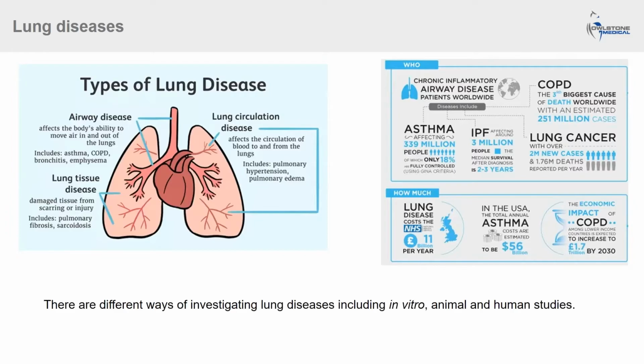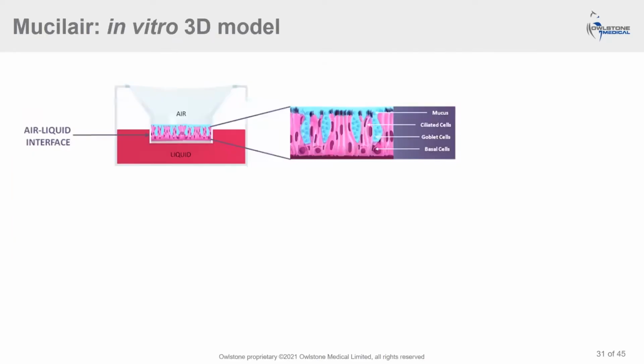The ways we can investigate lung diseases are, of course, different. We can do it using in vitro models, we can do animal models, and of course, human models. And if we look at the in vitro models, there are also different ways of doing it. I would like to show you today an in vitro model called MUSIL-AIR, which is an in vitro 3D model at the air-liquid interface.